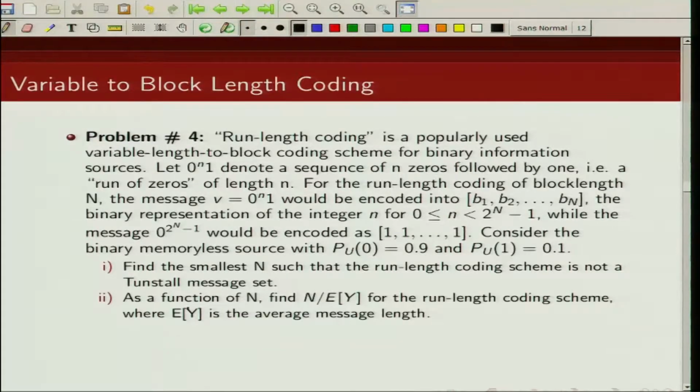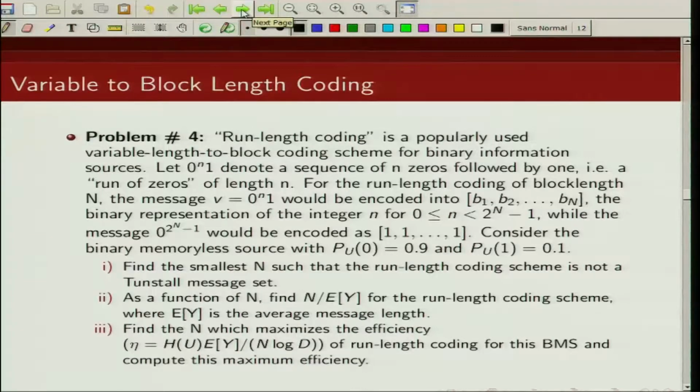The next question is, as a function of this n, find the ratio of output code word length, which is n, divided by the expected length of the input, which is the expected value of Y. Find this ratio as a function of n.